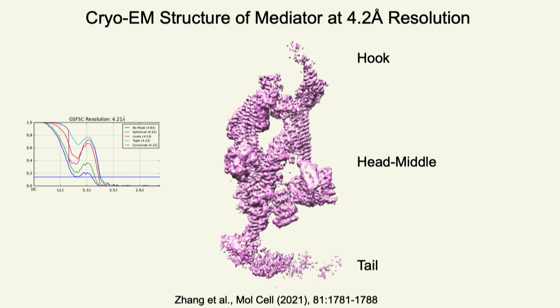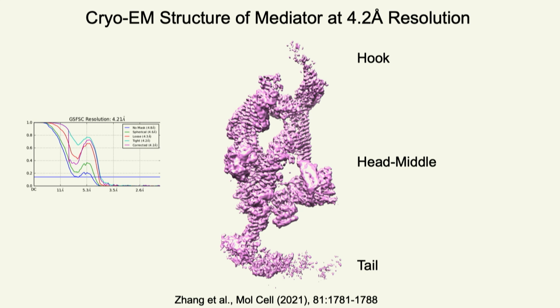The 4.2 angstrom resolution is the overall resolution, estimated based on the plot on the left, using the gold standard Fourier shell correlation at the 0.143 criterion.